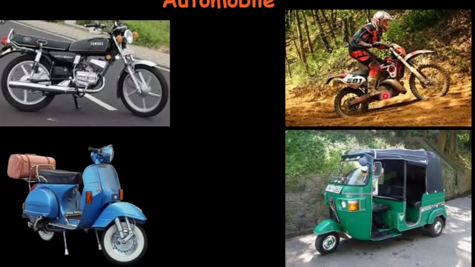Why? Because we need more power. So that's why we prefer two-stroke engines in these mountain bikes. Also in the Bajaj Chetak we have used two-stroke engines, and also in autos. Mostly in autos they use two-stroke engines only.